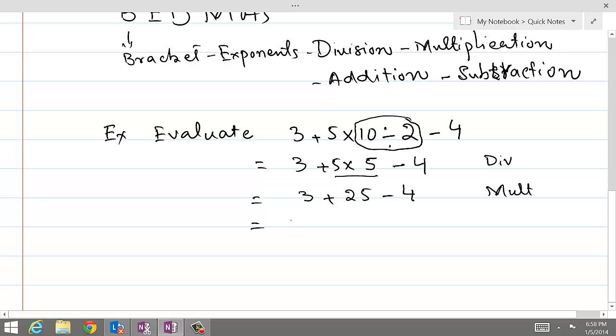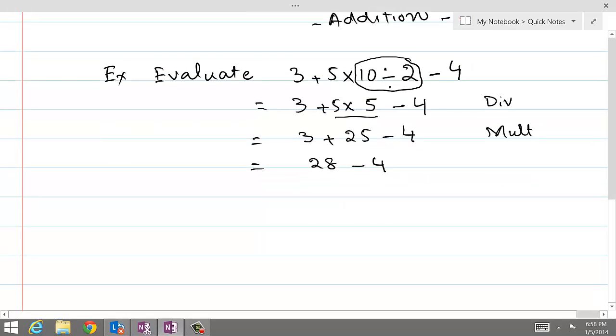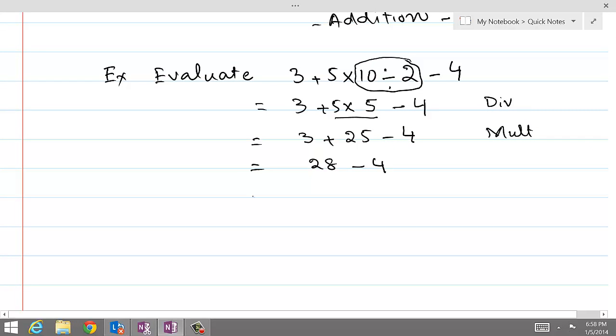So now we are going to add, because addition always takes precedence over subtraction. So 3 plus 25 would be 28 minus 4, and 28 minus 4 will be 24. So this would be the answer.